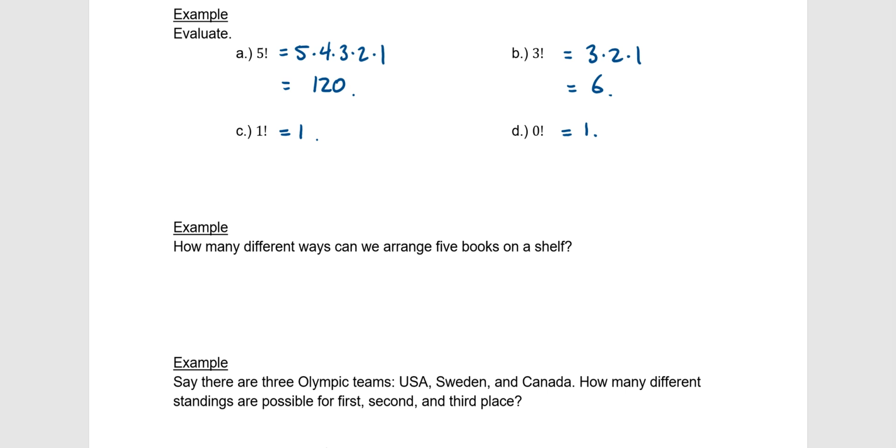So 0 factorial tells us how many different ways we can arrange 0 objects in order, which doesn't seem like it makes sense, but the number of ways we can do that is just one way, essentially not arranging anything in order. It's a little bit odd thinking of it that way, but just remember 0 factorial equals 1 and not equal to 0.